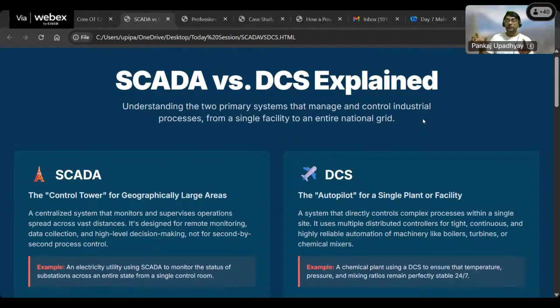The only difference is that SCADA is a centralized server or system which can manage multiple sites and multiple plants, and that gives you a single panel view for all the plants. The DCS is specific to that plant and is used to manage it.